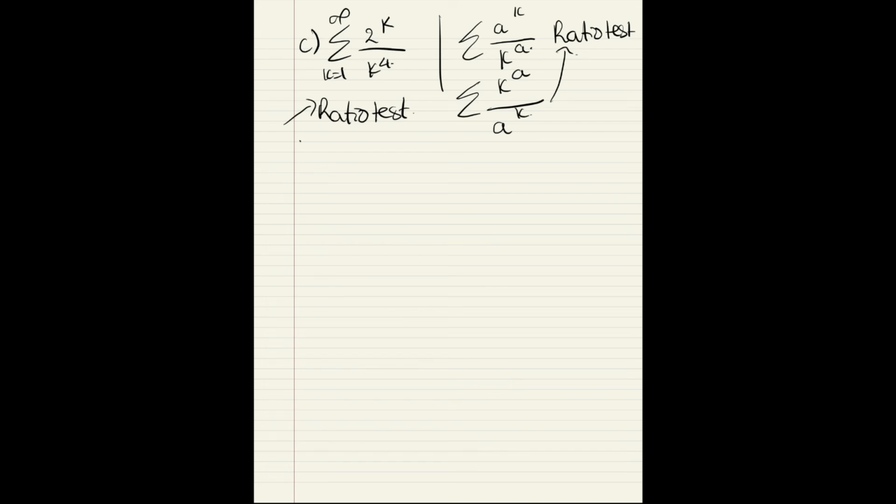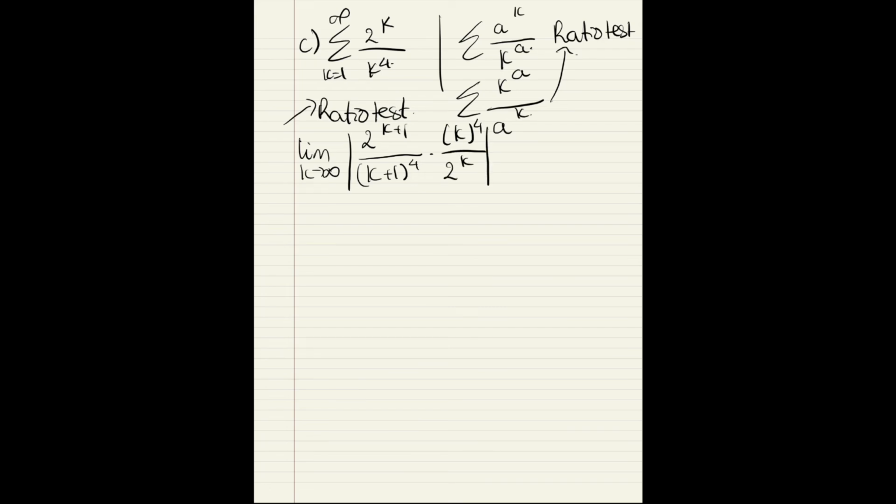By that, the limit as k goes to infinity of 2 to the k plus 1 over k plus 1 to the 4th times k to the 4th over 2 to the k.